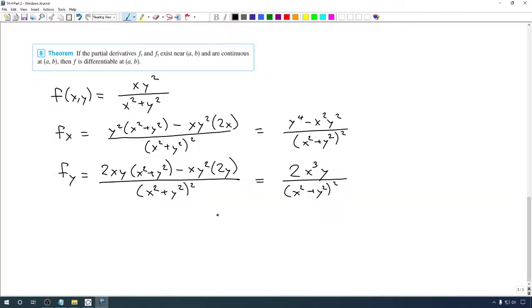Now, that doesn't necessarily prove for sure that this function is not differentiable at the origin. It's clear from our surface that we originally had that it is sufficiently weird at the origin that we wouldn't expect it to be differentiable. But proving that something is not differentiable is quite complicated as well. But for the most part, most functions that we're going to be dealing with are going to have their partial derivatives, and their partial derivatives are going to be fairly continuous.